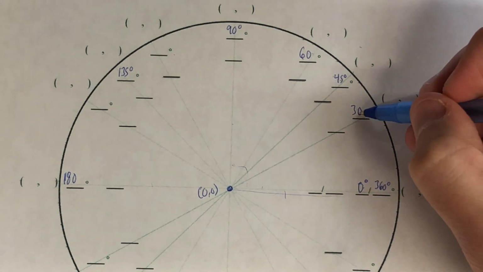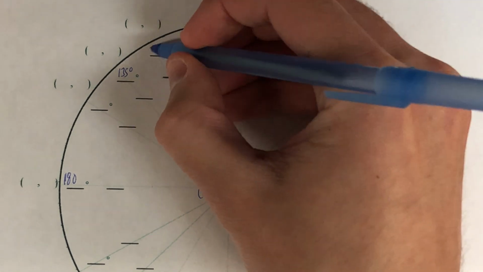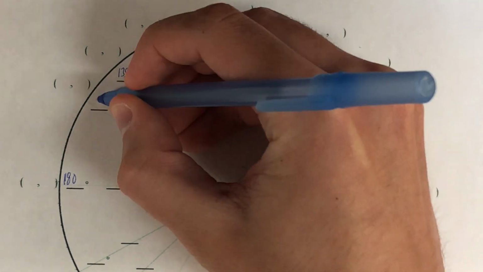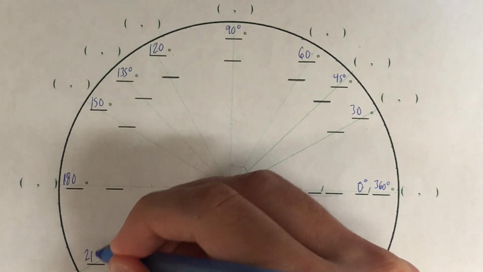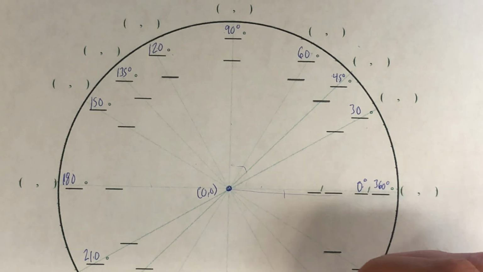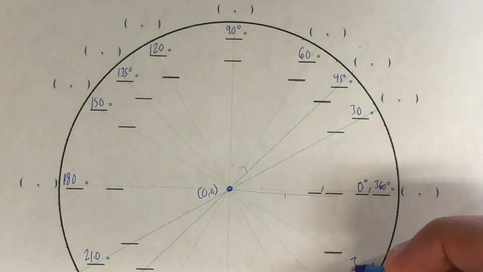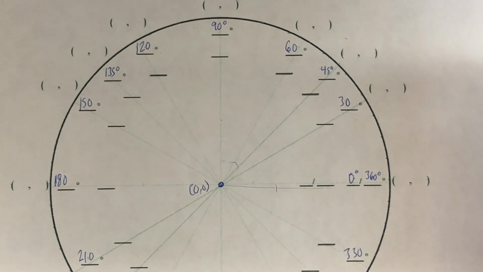So 0 plus 30 is 30, plus 30 is 60, plus 30 is 90, plus 30 is 120, plus 30 is 150, plus 30 is 180, plus 30 is 210, plus 30 is 240, plus 30 is 270, plus 30 is 300, plus 30 is 330. So these are all of our angles in degrees.